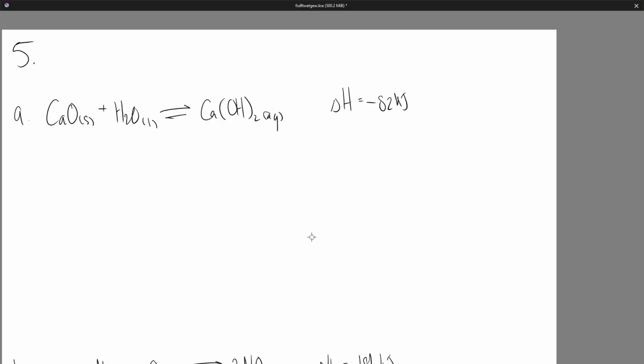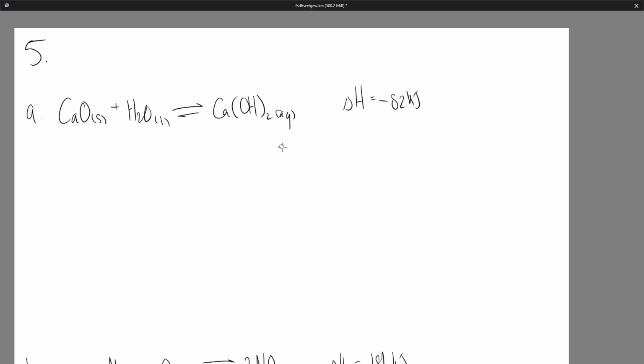Okay, so number 5 says, how does an increase in temperature affect the products of each reaction below? So first one, you have to remember that heat can either be a product or a reactant of a reaction. So for the first problem, it's an endothermic reaction.